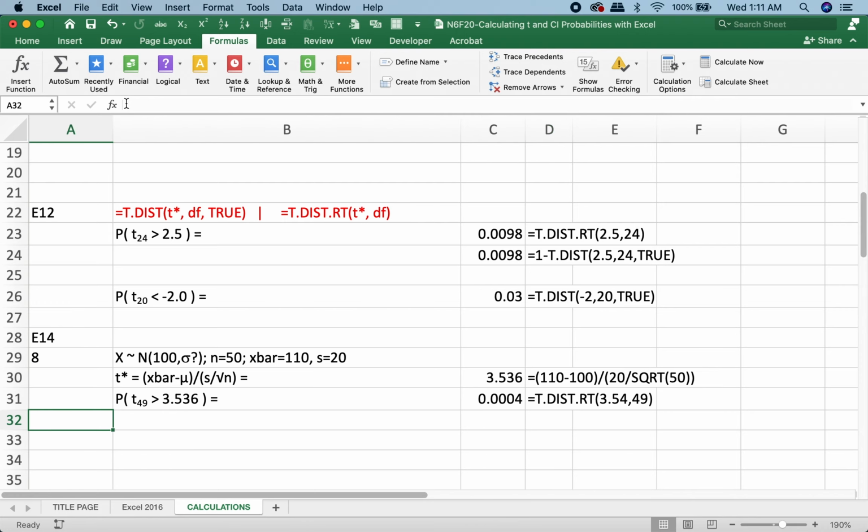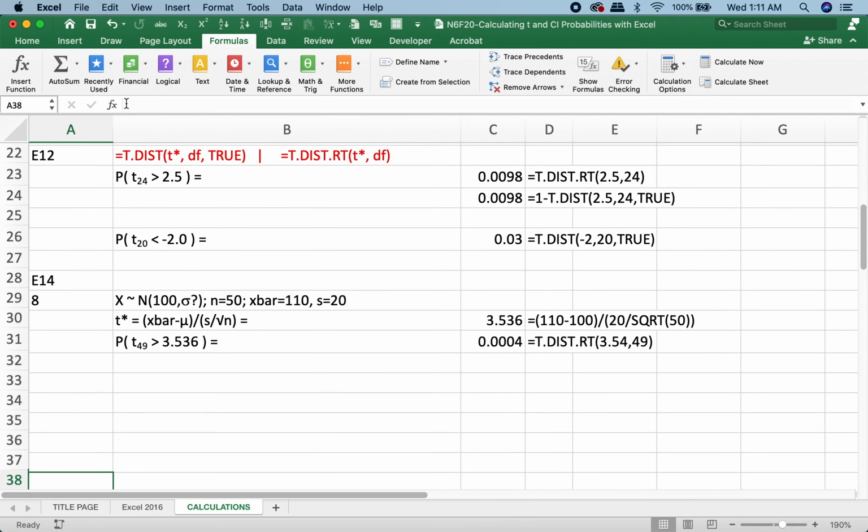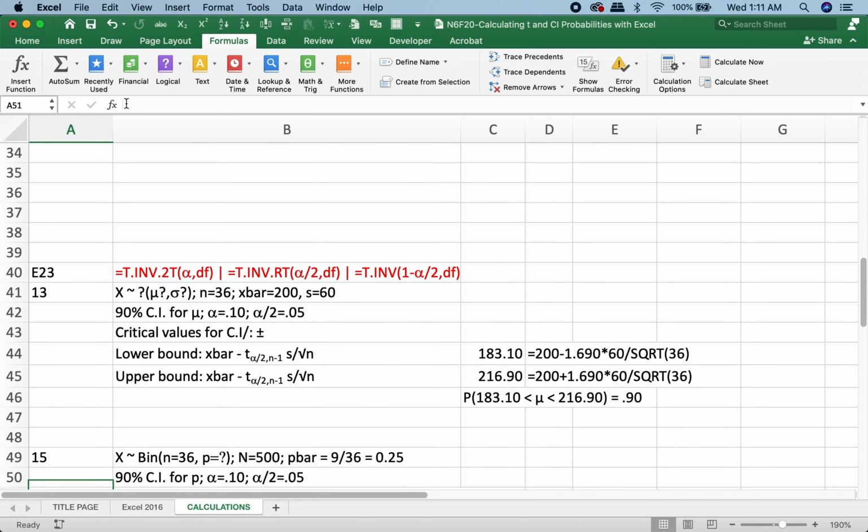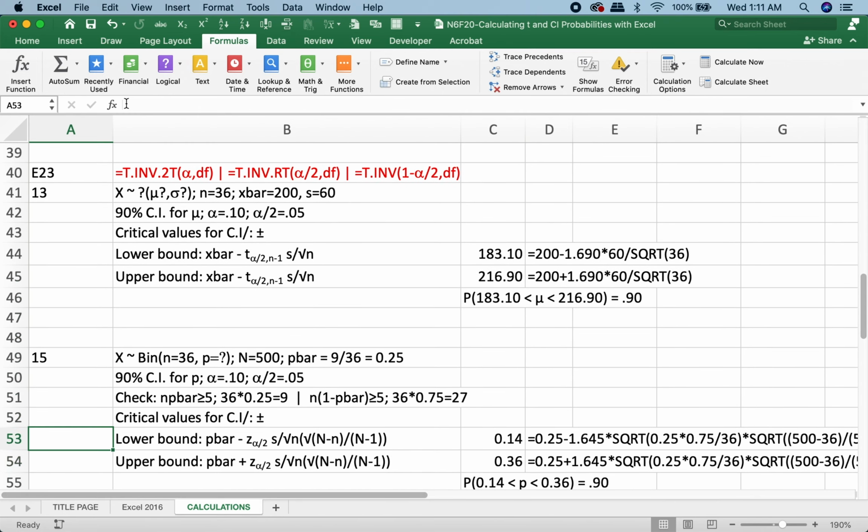Now, last thing we're going to do is we're going to take a look at confidence intervals, and now we're going to move from DIST functions to inverse functions. So let's take a look at this here. And we're going to be using the t.inverse.